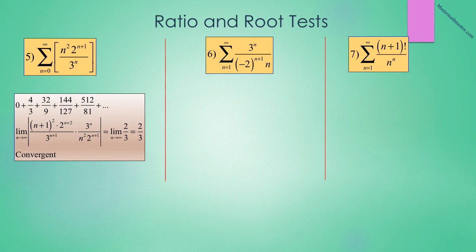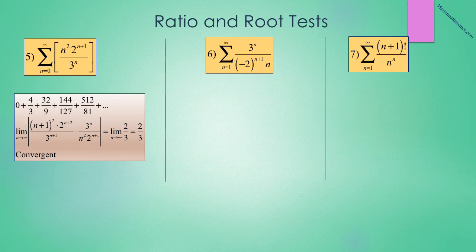We look at the limit as n approaches infinity of the absolute value of (n plus 1) quantity squared times 2 to the n plus 2 over 3 to the n plus 1, times 3 to the n over n squared times 2 to the n plus 1. We have to worry about the 2's, the 3's, and the n's.